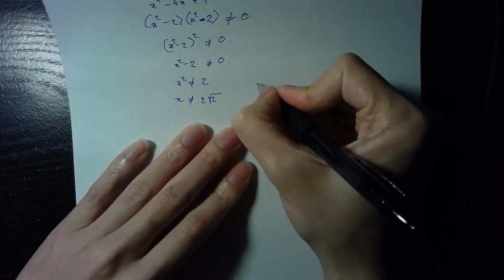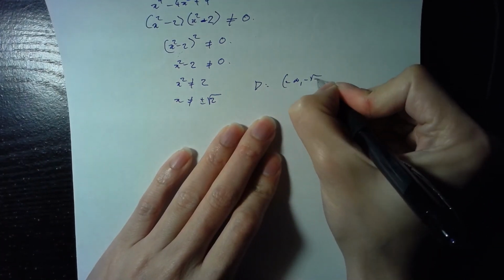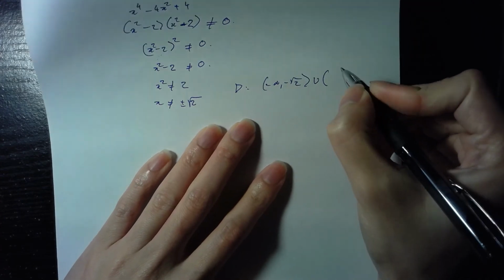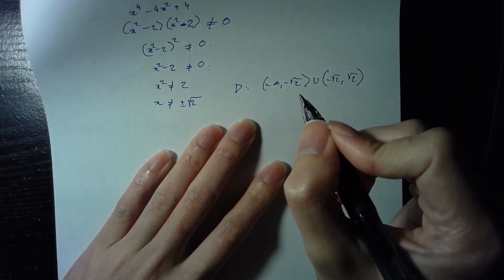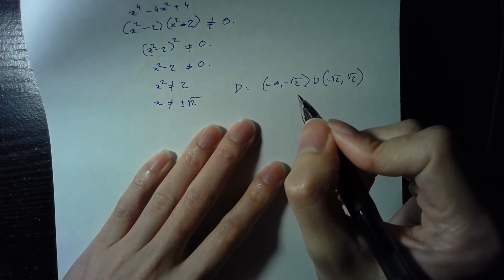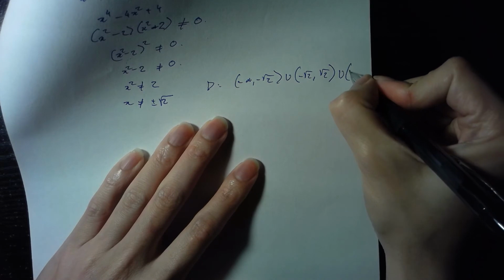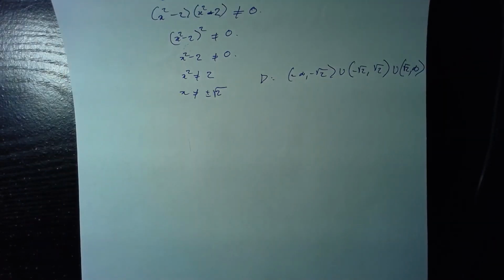So the domain will be what? The domain will be negative infinity to negative square root of 2, union with negative square root of 2 to square root of 2, right? Union with square root of 2 to positive infinity. Okay, that will be the domain.